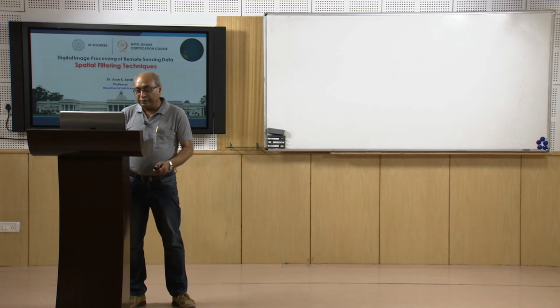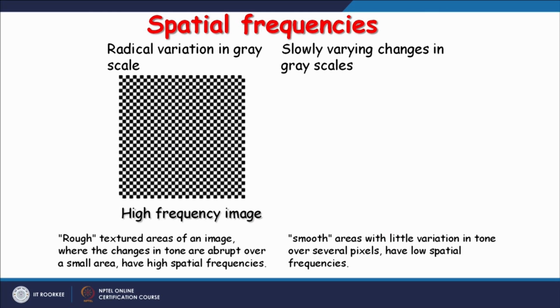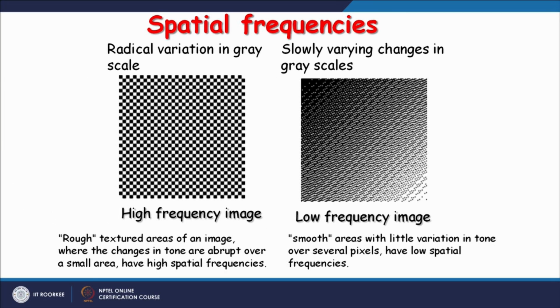First, spatial frequency, that is the radical variation in grayscales, like here, which we consider a high frequency image. But sometimes we get images which have low frequency. That means there are high frequency and low frequency images.